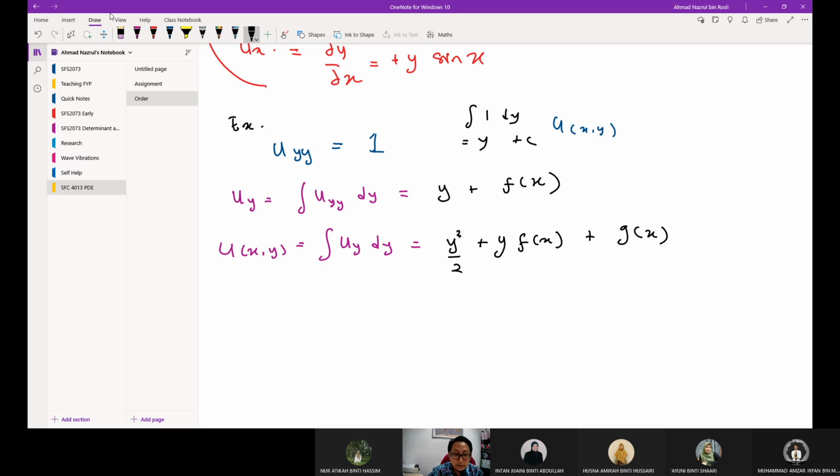Okay, so this will be the general solution with the arbitrary functions f(x) and g(x). To prove this, patah balik, you akan dapat balik u_yy equal to 1. So tu nanti boleh prove balik lah. Dapat tak?